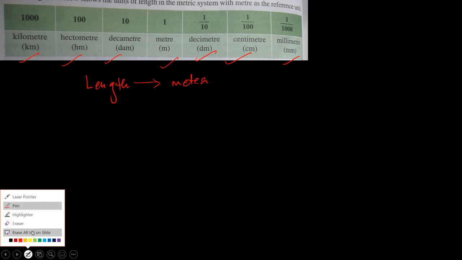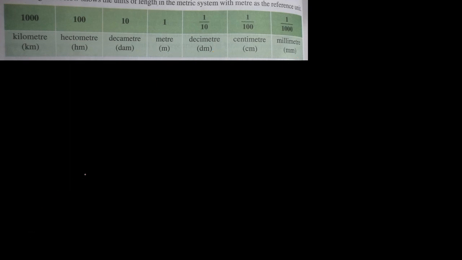Students, there is a trick by which we can convert a given unit into another one. I have told you that in this chapter we have to convert a unit into another unit. So I'm going to tell you a simple trick which will help you to convert a given unit into another one. And this trick is called the stair trick.